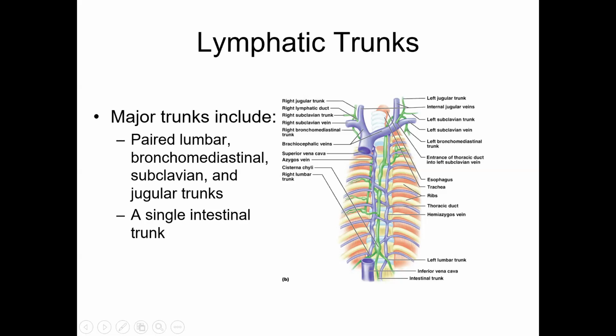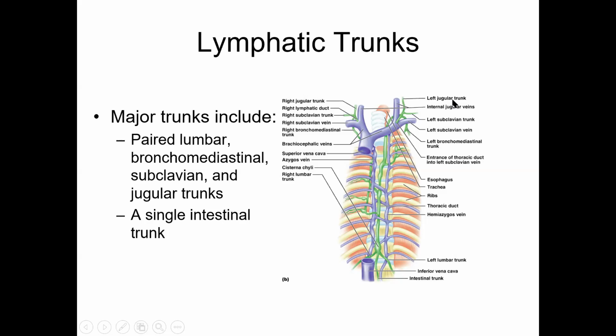Okay, one is called the left bronchomediastinal trunk, collecting the lymph from the trunk region on the left side. Okay, left subclavian trunk collects lymph from the left side of the neck, and then left jugular trunk collecting lymph from the left side of the head.